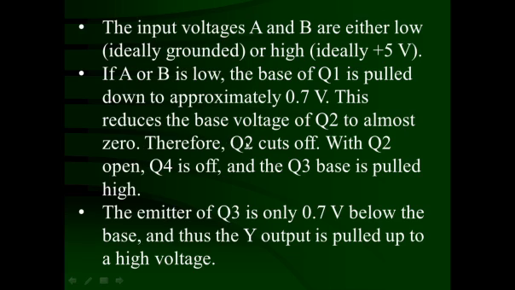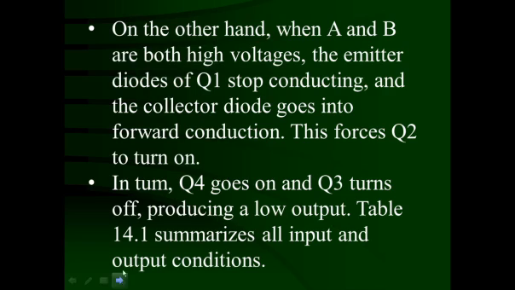Therefore, Q2 is cut off. With Q2 open, Q4 is also going to be cut off, and the Q3 base will pull high. The emitter of Q3 is only 0.7 volt below the base, and thus the Y output is pulled up to the high state. That is the first three conditions of our truth table.